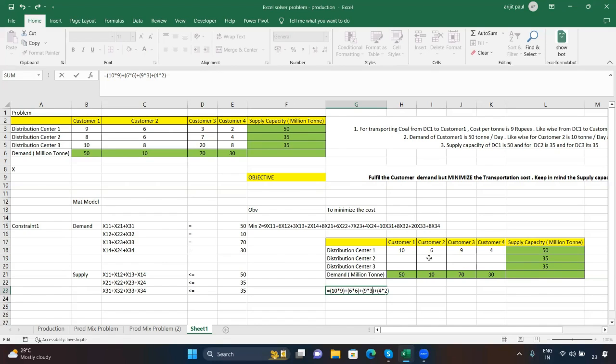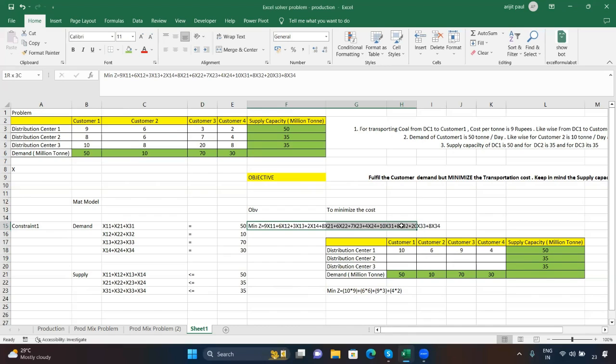And here we are going to find out what? Here we are going to find out the minimum cost. So this becomes our objective. So the same formula I have mentioned here. Okay, so this will be our objective formula based on mathematical model.